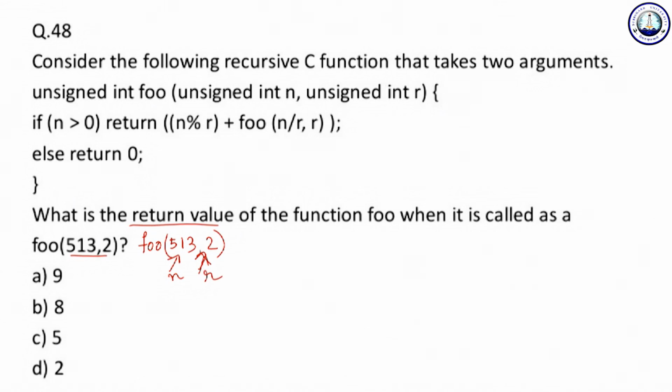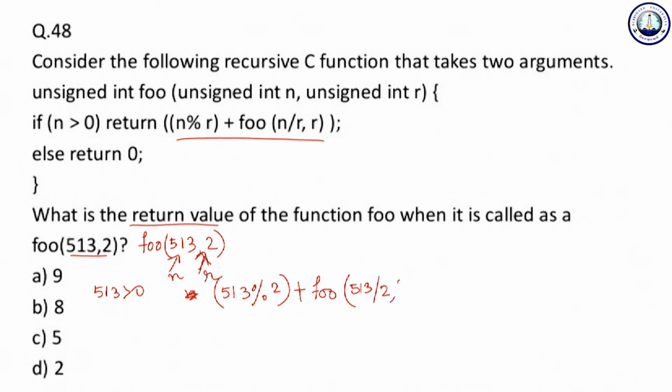Okay. So, your N, that is 513, is greater than 0, then you will implement the formula here. So, 513 modulo R, R is 2, plus foo of N, N is 513 divided by 2, comma 2.